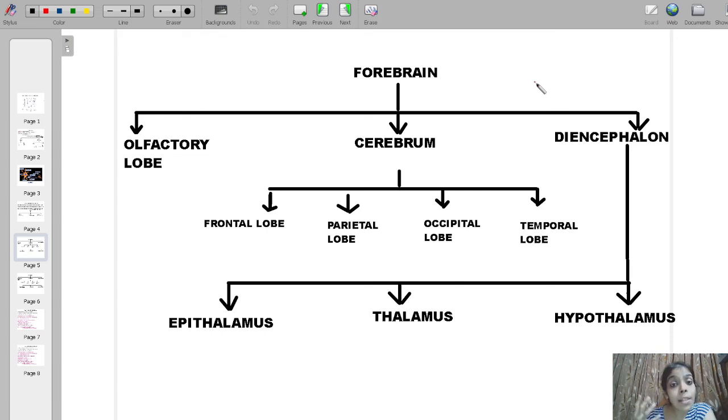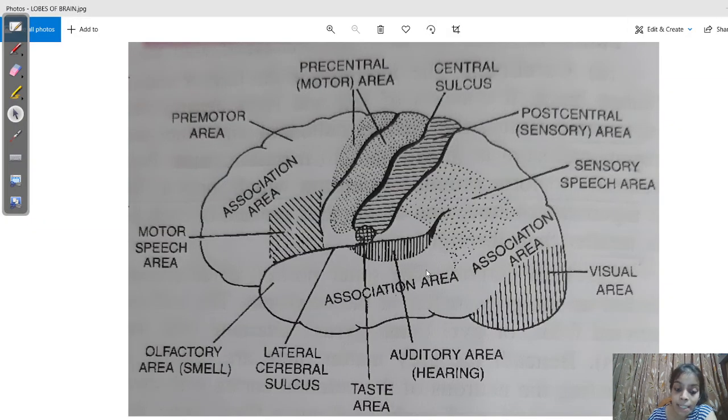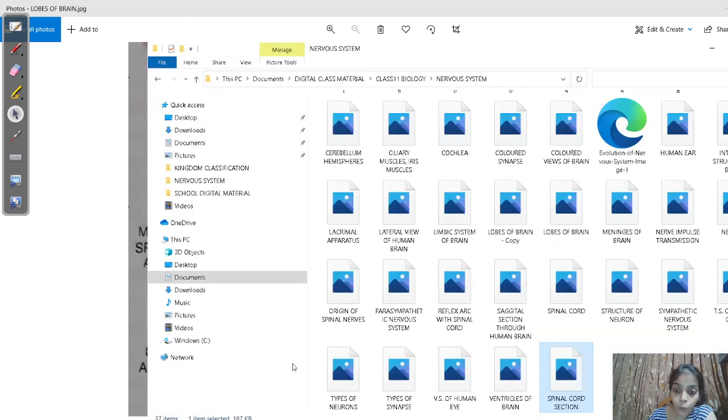Limbic system is concerned with controlling our emotions, even the sexual behavior of organisms is controlled by limbic system. Limbic system has two parts. One is called amygdala and the other one is called hippocampus.